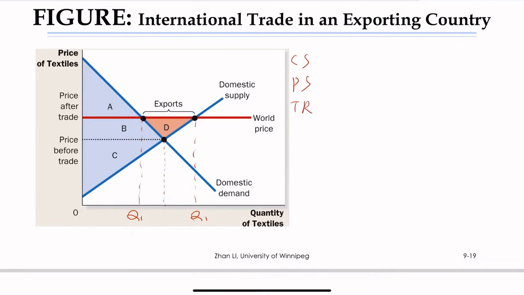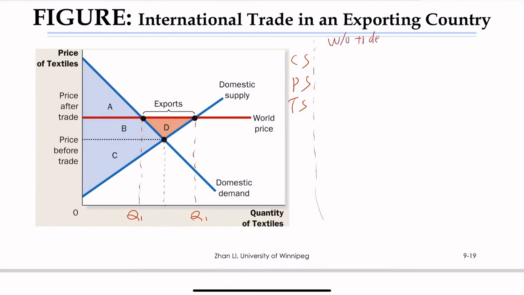Because we have not discussed tariff yet, so I should not talk about tax revenue here. There is no tax revenue. So we have consumer surplus, producer surplus, and total surplus. So let's first start with the simple case. That is without trade.